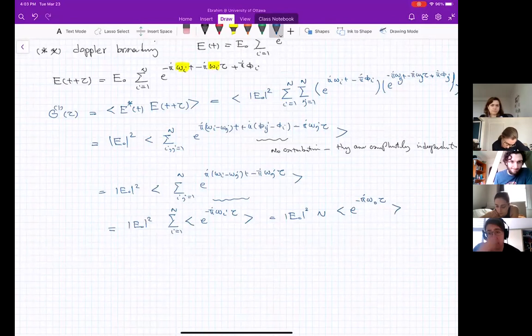Good. For Doppler broadening, this expression can be expressed in terms of a Gaussian function.